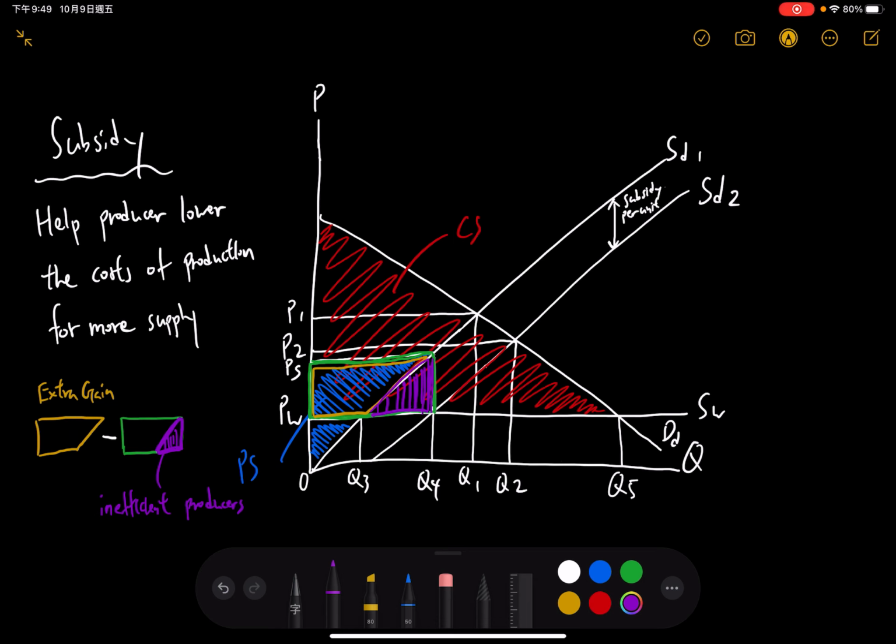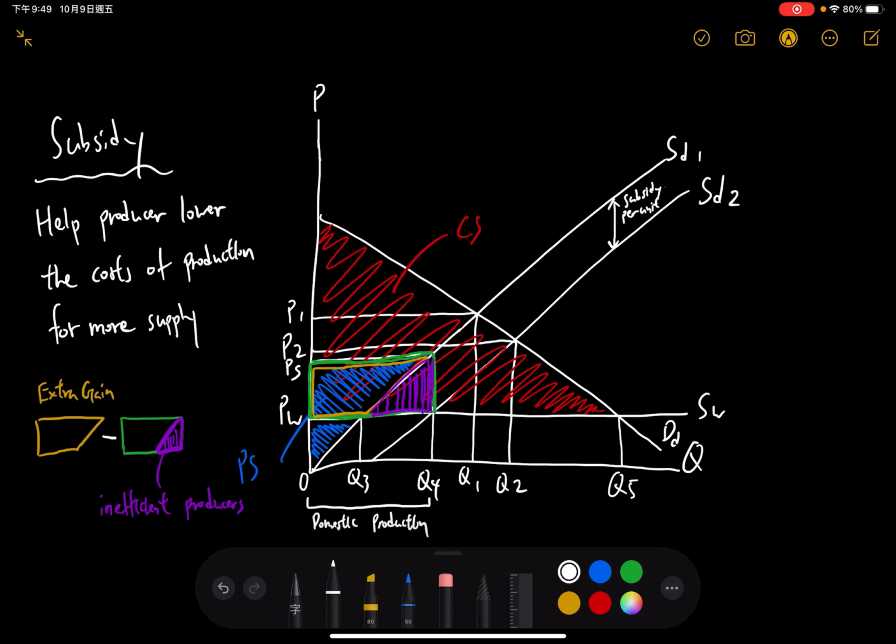Okay, so this is basically the diagram. Before we end this video, I'm just gonna quickly show you the areas that you should focus on. So after subsidy, we know that, look, this is the domestic production, which is Q4.